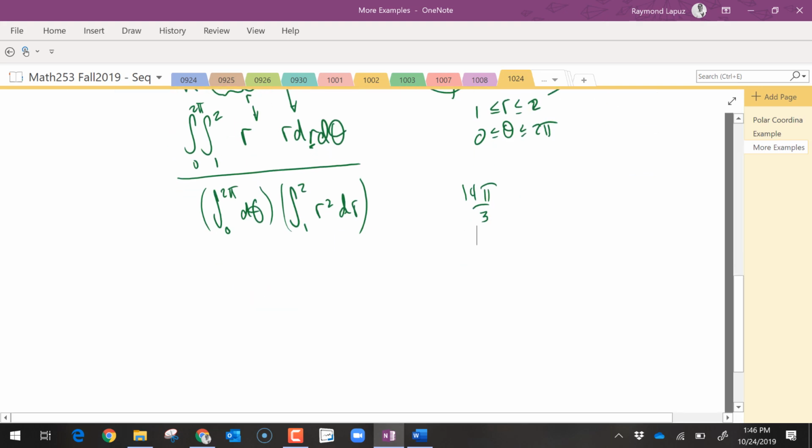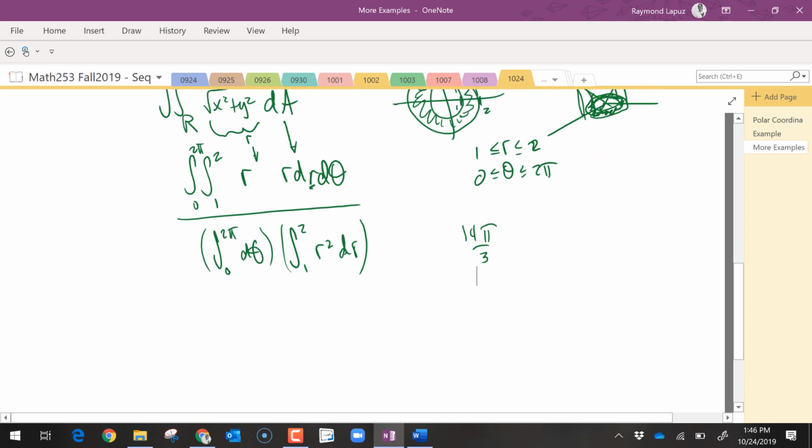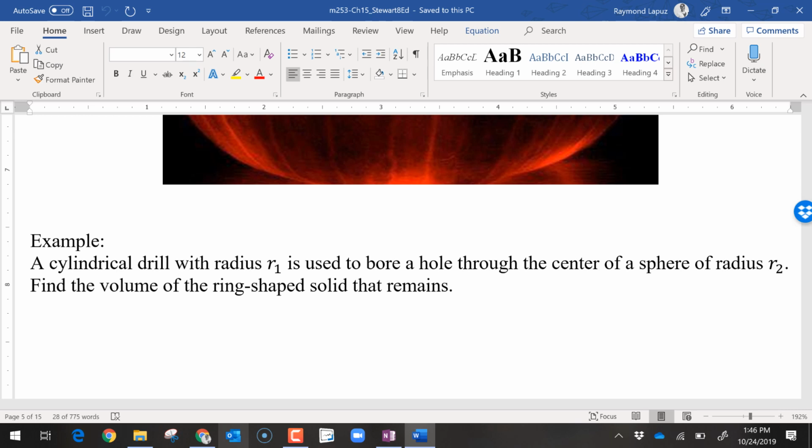Let's see. Let's try some more. This problem here, the one that I have, it's one of my favorite Calc 2 problems, volume of revolution. So this actually can be done with a volume of revolution. You start off with a circle and you take off some parts of it. And the hardest part, I think, of that is the limit.